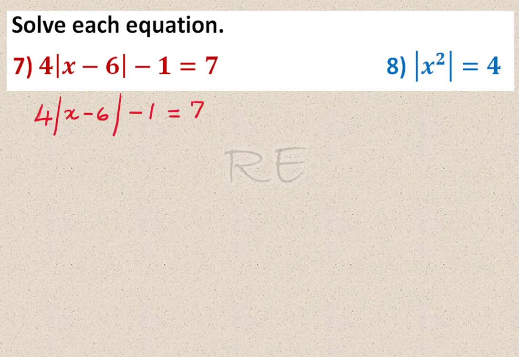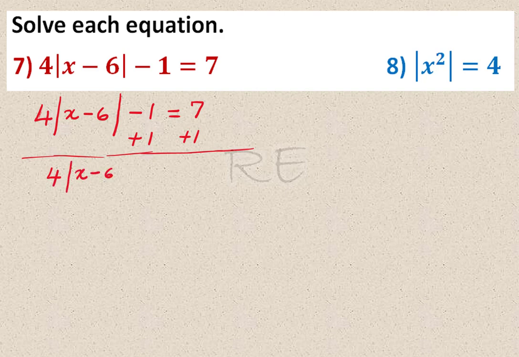Four times the absolute value of x minus 6, minus 1, is equal to 7. We add 1 to both sides. 4 times the absolute value of x minus 6 is equal to 8. We divide both sides by 4. Now we've isolated the absolute value of x minus 6, and it's equal to 2.